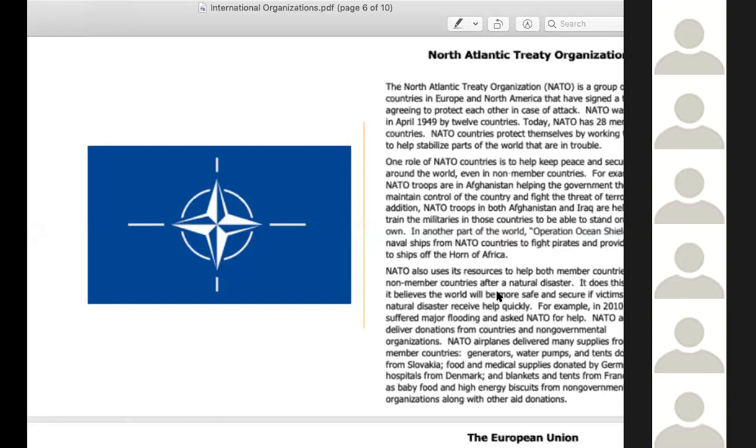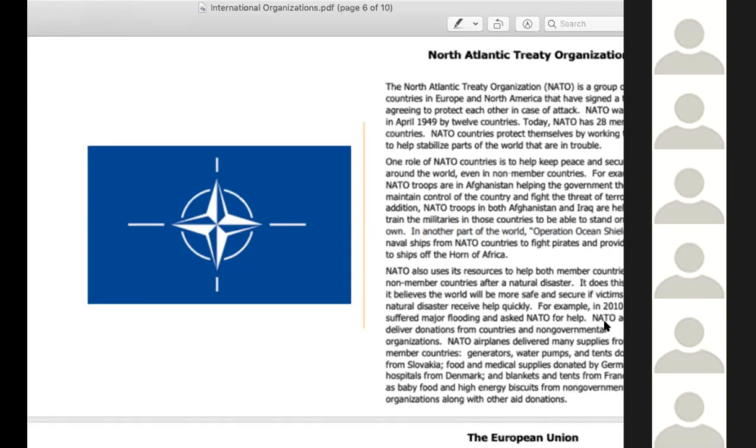It does this because it believes that the world will be safe and secure if victims of natural disasters receive help quickly. For example, in 2010, Pakistan suffered major flooding and asked NATO for help. NATO agreed and delivered donations from countries and non-governmental organizations.